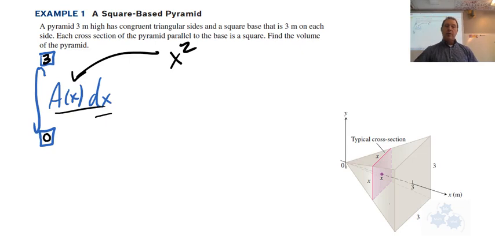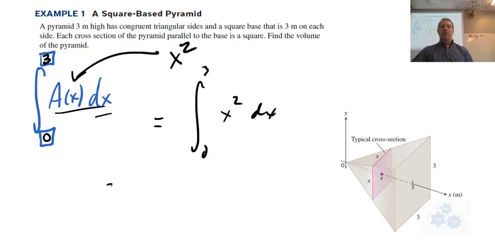So, could we do this? Let's evaluate this by hand. We've got the integral from 0 to 3 of x squared dx. Remember how we did this? What's the antiderivative of x squared dx? Yep, 1/3 x cubed, or x cubed over 3. Plus c, well, we're doing a definite integral, so we don't have to worry about the c, but we're going to take this from 0 to 3.